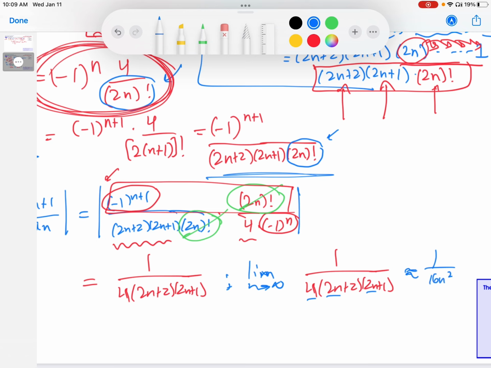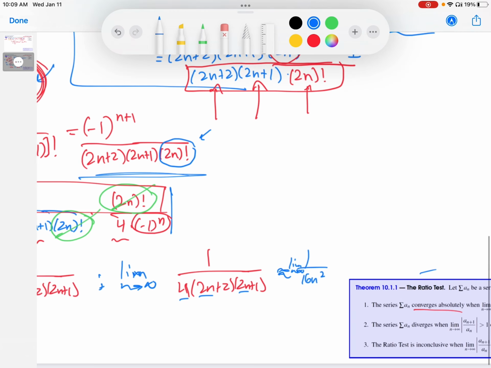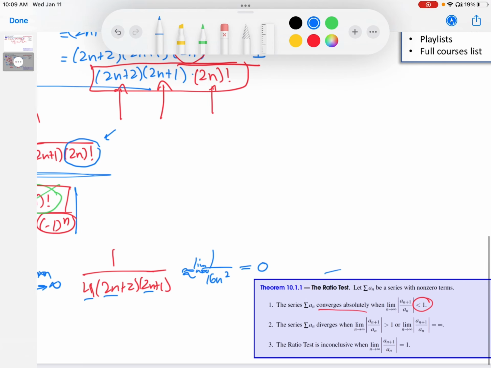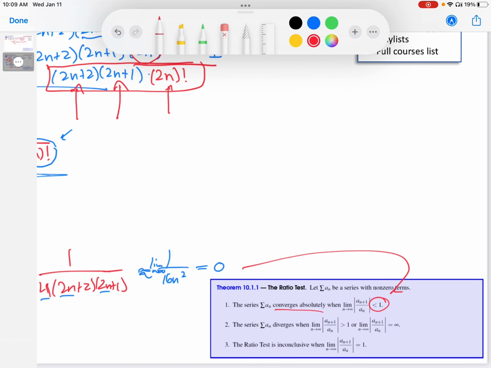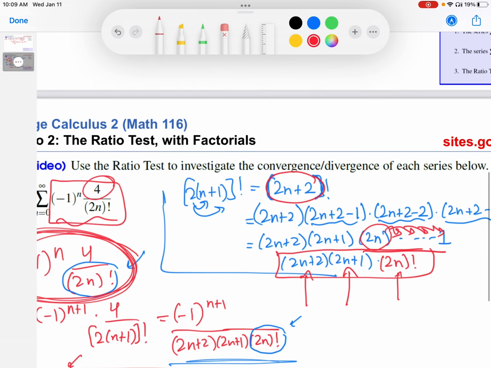It basically looks like this for really, really large n. As n goes to infinity, this also equals 0. So last step, as always, we compare to the 3 cases in the ratio test. And once again, we obtained a limit that is less than 1. So again, we get the conclusion that the series converges absolutely.